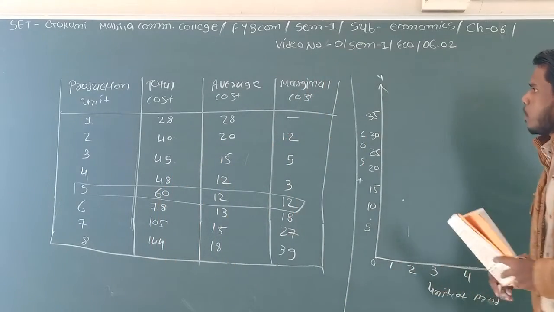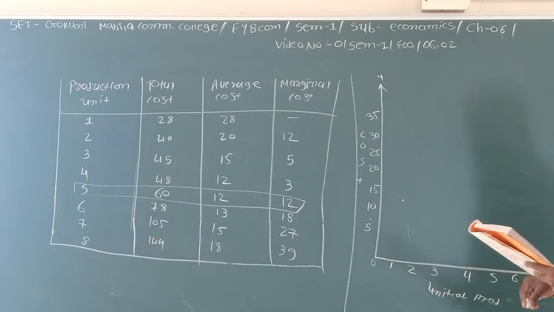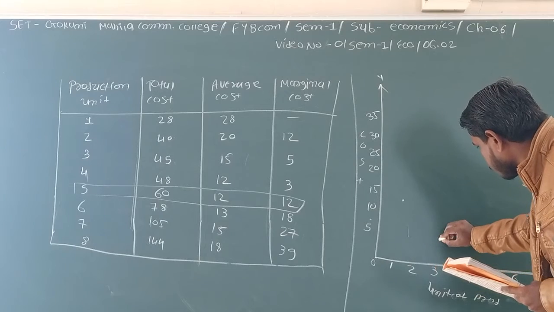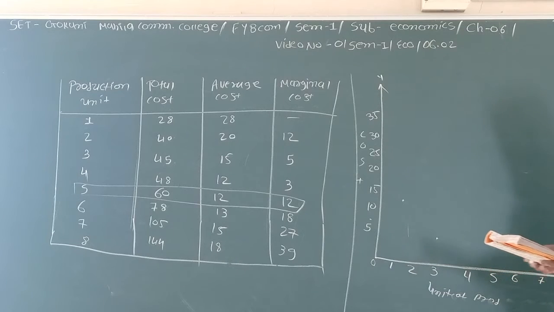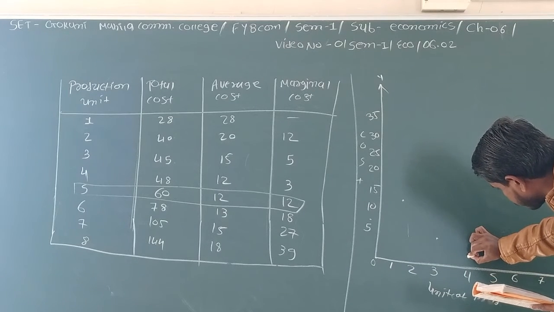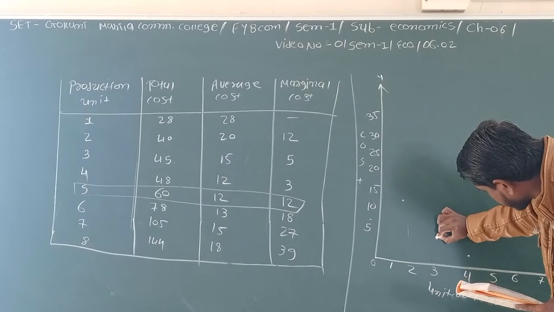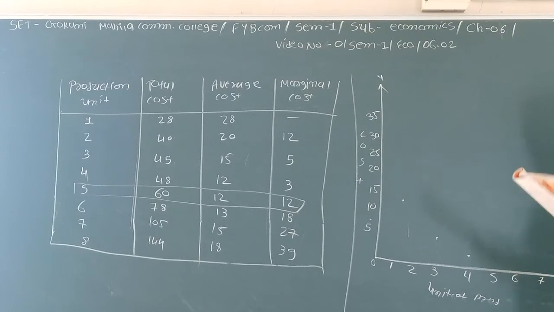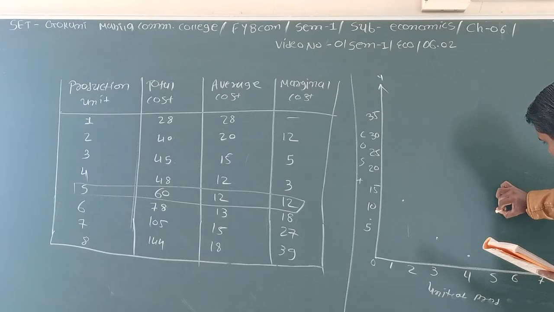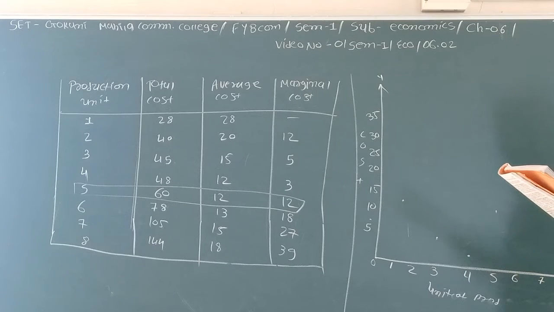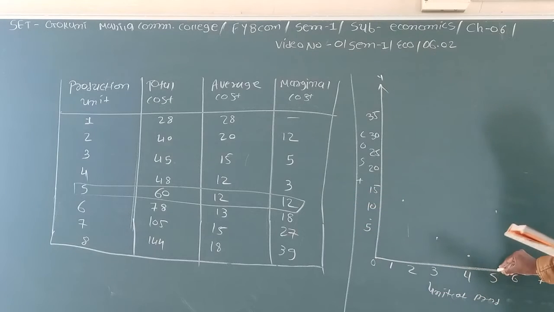After that, on the third unit the marginal cost is ₹5. On the fourth unit the marginal cost is ₹3. On the fifth unit the marginal cost is again ₹12. On the sixth unit the marginal cost is ₹80. On the seventh unit the marginal cost is ₹27.